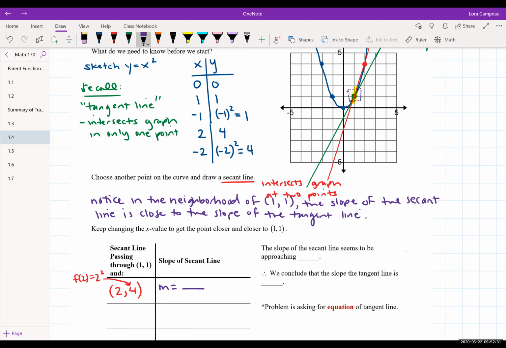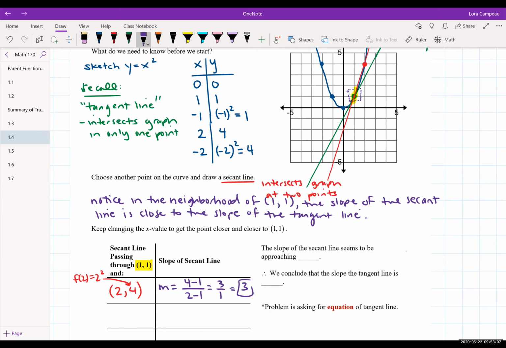We're passing through the point 1, 1, and now we're looking at 2, 4. So if we subtract the y values, I'm going to go with the secant point first: 4 minus 1, differences of the y's, over the differences of the corresponding x's. That's going to leave me with 3 over 1. And if we reduce everything, we end up getting the slope is 3.